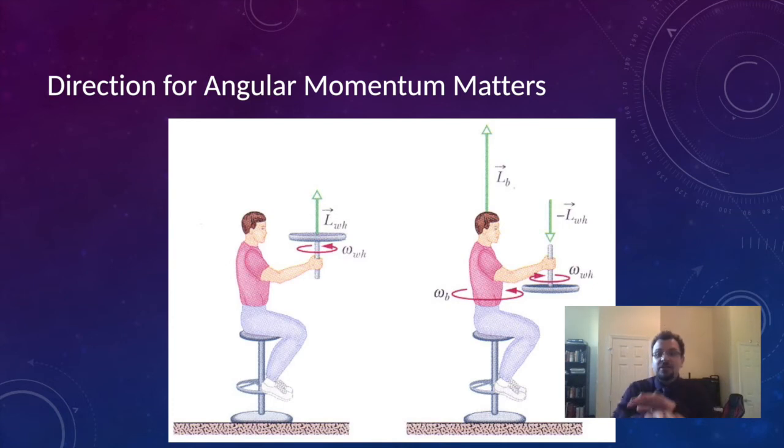Also, if you look at you and the bike wheel and the stool as a system, that angular momentum needs to be conserved. So as you do this, you end up starting to rotate as well. This is used a lot in gyroscopes, which are used in pointing satellites.